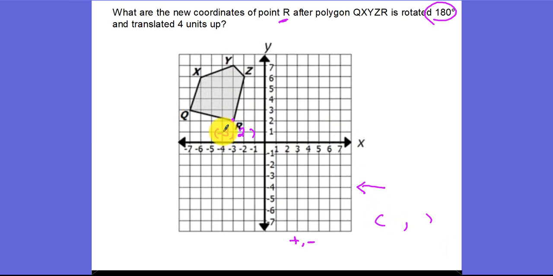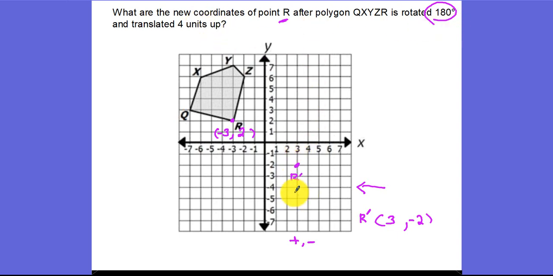So this is -3, it will become +3. I'm going to label this as R prime. That's +2, make it -2. So my R prime should be located here, 3, -2. Again, that's 1, 2, 3, and then -1, -2. So this will be your R prime.